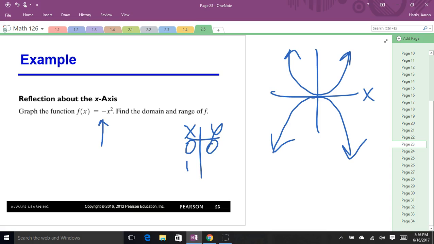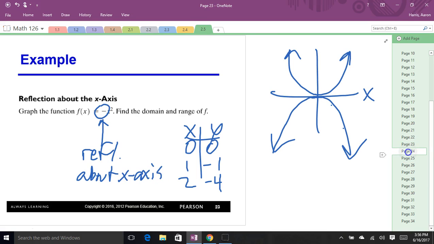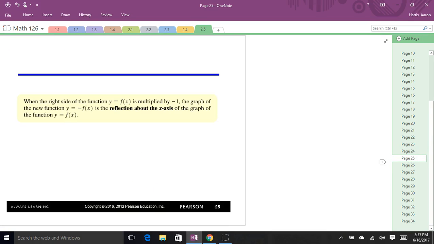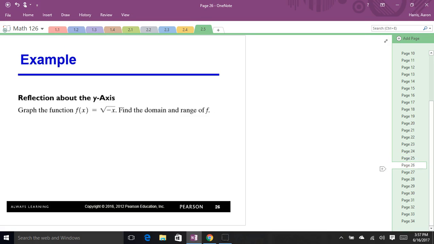Plug in 1: 1 squared is 1, then you apply the negative in front, and so on. You plot some points and you see that thing flipped over. So that's a reflection about the x-axis. There's a nicer picture of that.